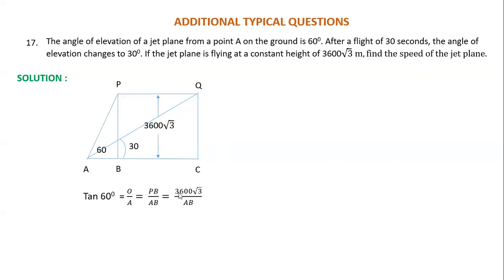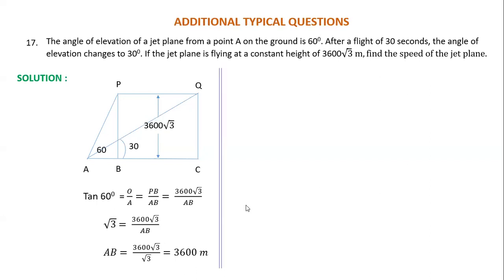Opposite is 3,600 root 3 upon AB. Root 3 is equal to 3,600 root 3 upon AB. AB is equal to 3,600 root 3 upon root 3. Root 3 cancels, so it's only 3,600 meters. This distance is 3,600 meters.